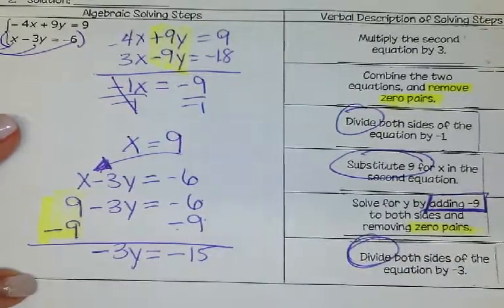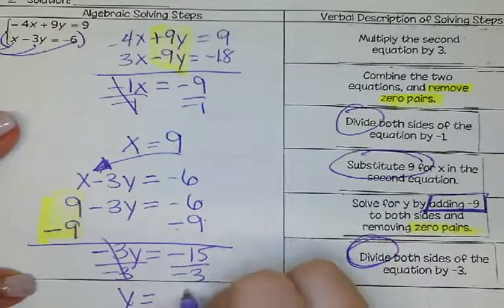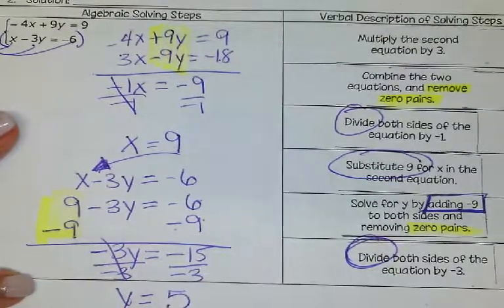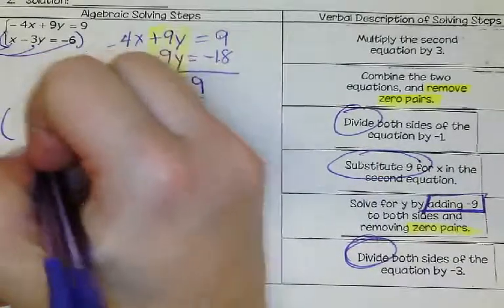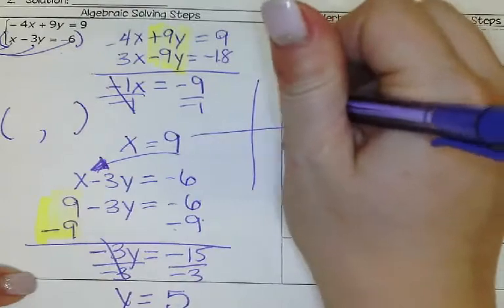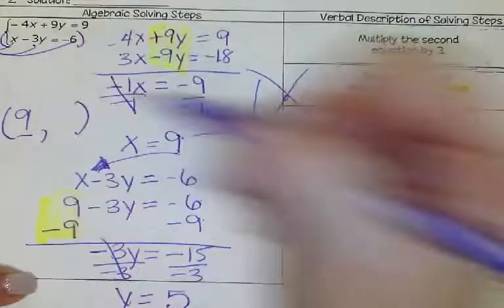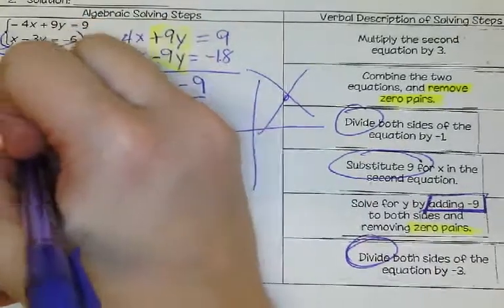The last step is always to divide. So y equals +5. When you write your answer, you have to write it as an ordered pair because remember, this is where the two lines cross. At 9 in the x, 5 in the y.